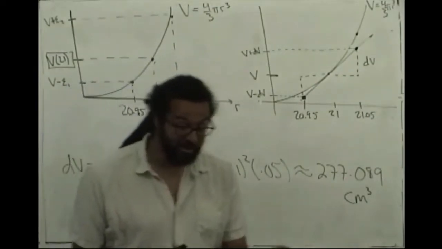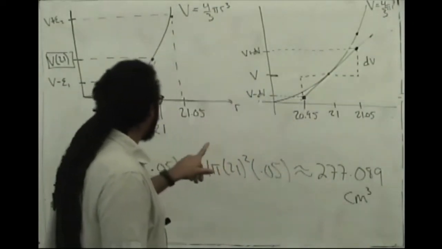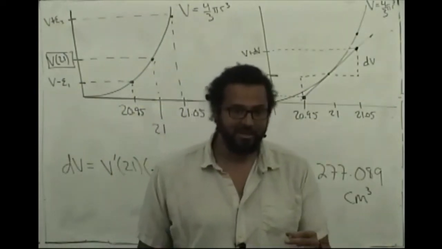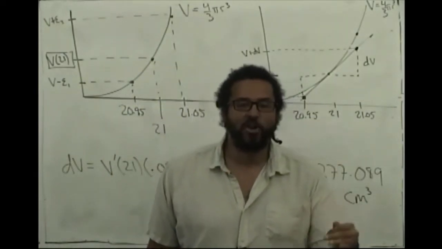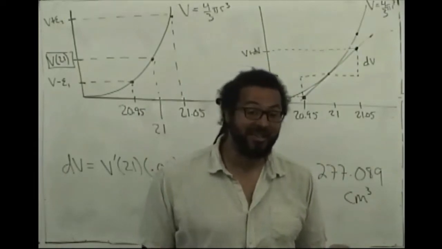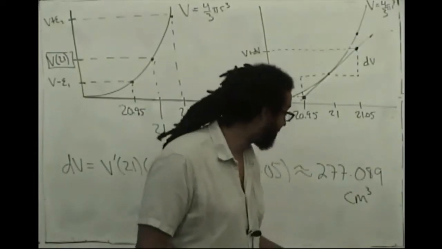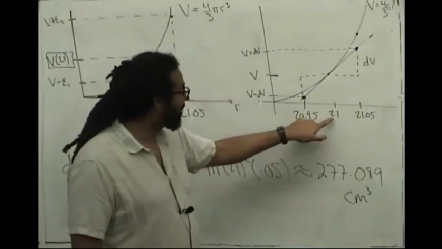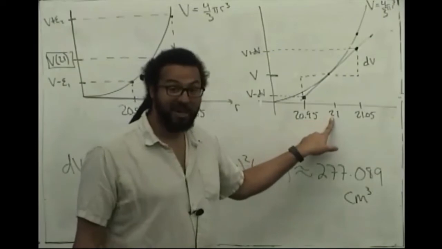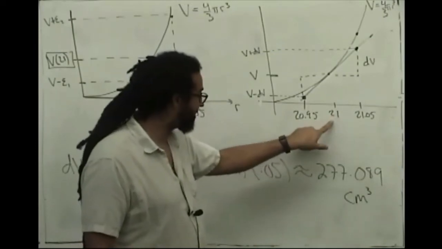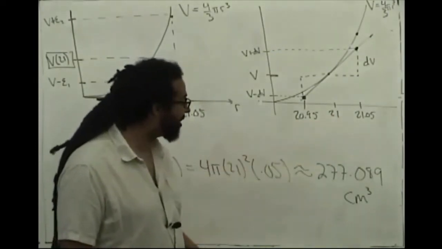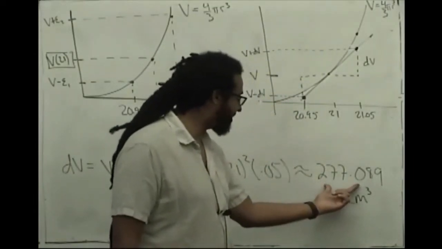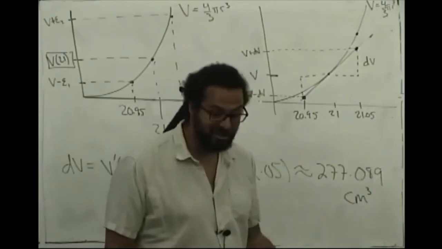So let's think about what that says for a minute. It says if I'm off by just 0.05 centimeters, that's going to cause my volume to be off by 277 cubic centimeters. That seems terrible. We really need to find better instruments to measure these things, because being off by 0.05 doesn't seem terrible, but then we get this volume that's off by 277 cubic centimeters.